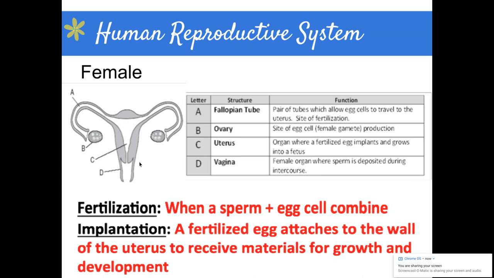This is not where the woman poops. This is entry for sperm and exit for baby. So when the sperm is released out through the urethra of the male, it enters here in the vagina and has to do that long swim to the fallopian tubes, where if there is an egg, it will become fertilized and then travel back down to the uterus to become implanted.